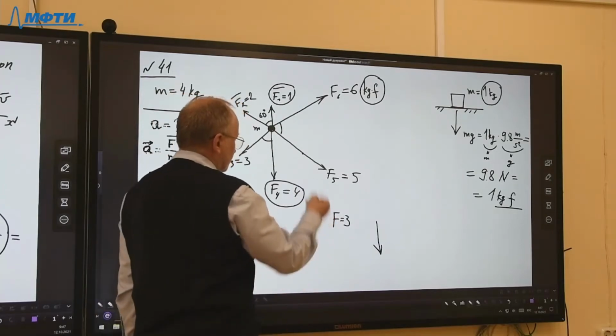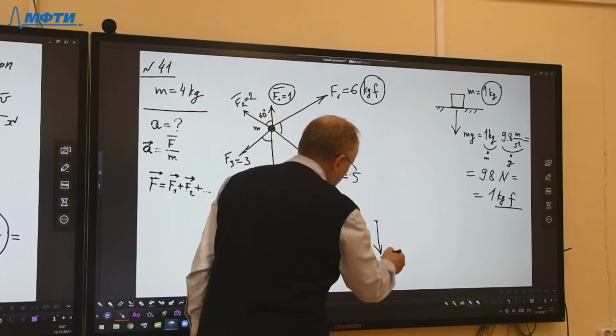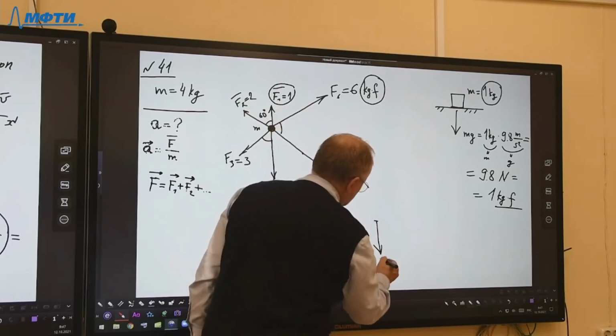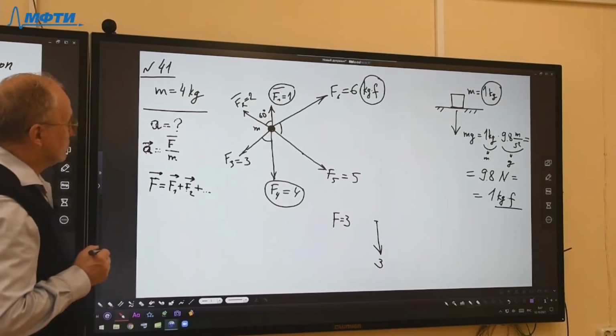In magnitude, 4 minus 1 is 3. And in direction, this force will be directed downward. So that will be equal to 3 kilogram forces.